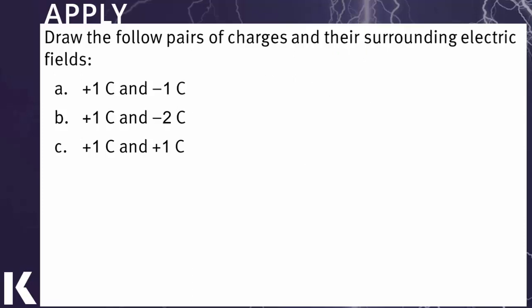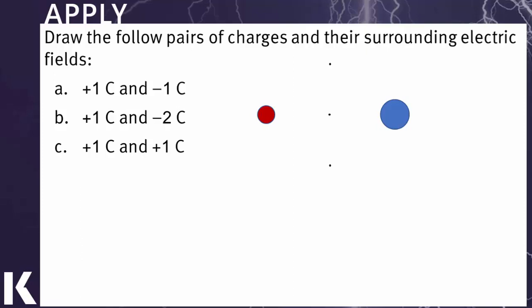Now let's take a look at part B, where we've doubled the size of the negative charge. So we've gone from -1 to -2 coulombs. And what's that going to change? Well, if we look at our original field vectors from the negative charge, they're all going to get bigger.